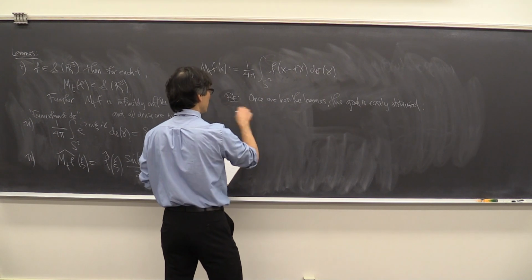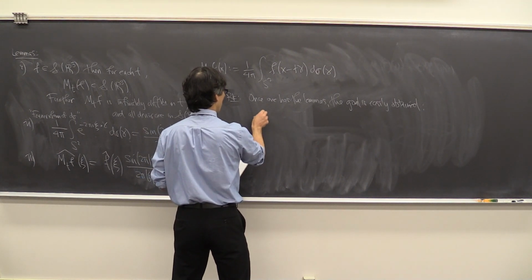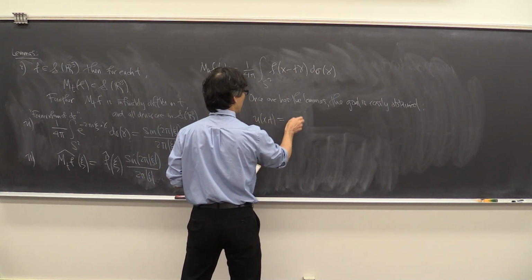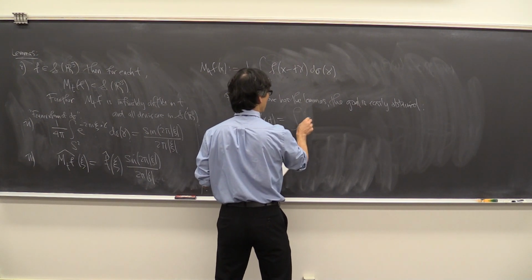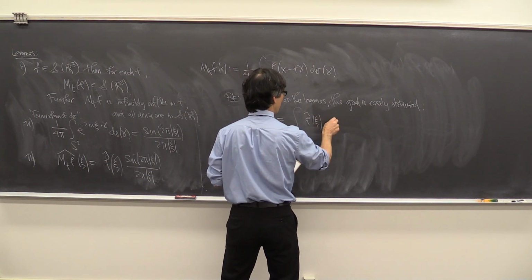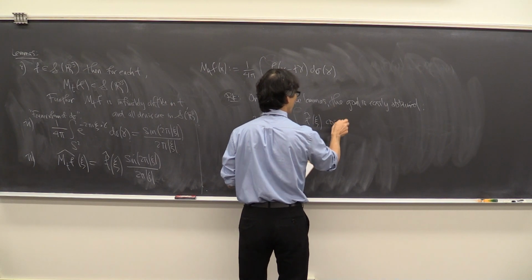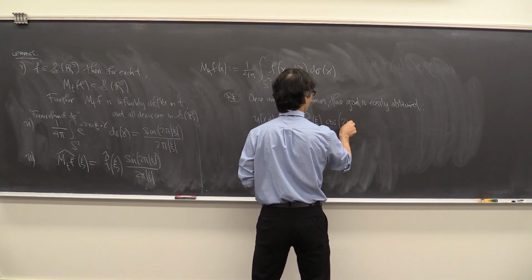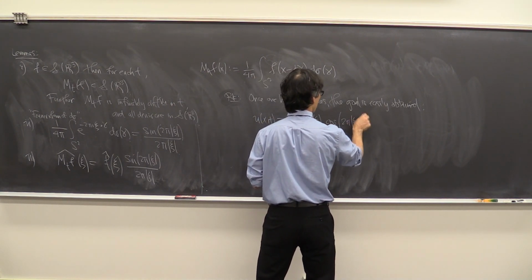Because u of x, t is this thing: f hat of c cosine 2 pi c t e to the 2 pi i x dot c.